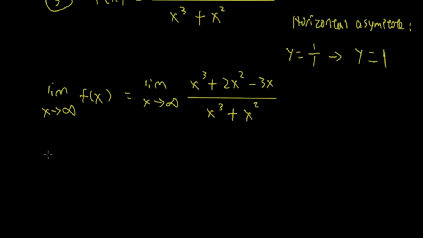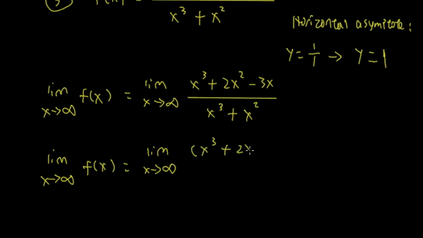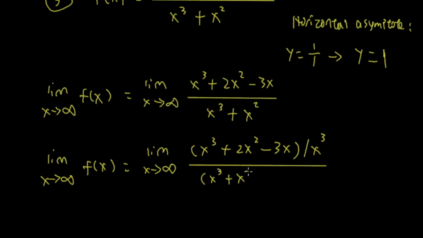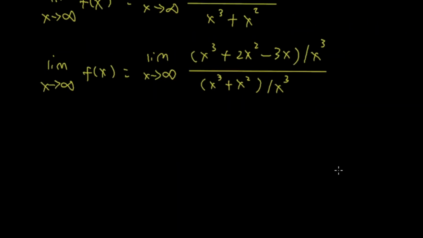Okay, let's see here. We keep the left side the same. Now the limit as x approaches infinity, divide the top function by x cubed and the bottom function by x cubed. Again, I have not changed this function here. Now, what would that equal? The limit as x approaches infinity.